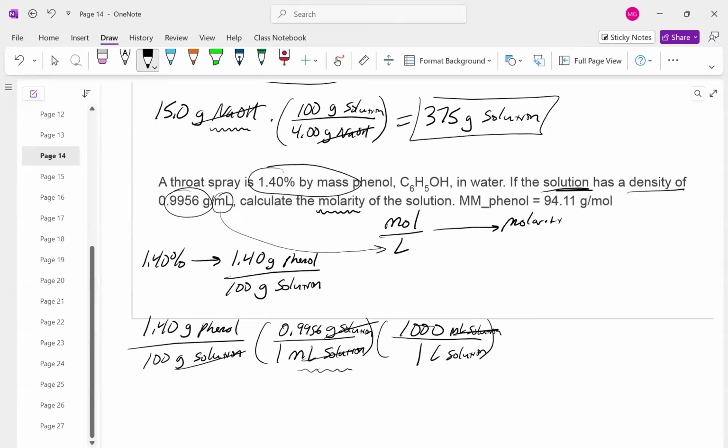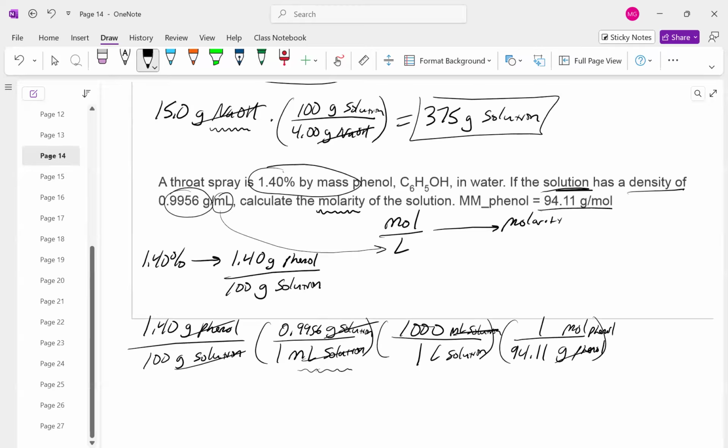Now, how do I get to moles? Well, I have grams of phenol, and I have the molar mass of phenol right here. And so I just plug in the numbers. 1 mole weighs 94.11 grams. Grams of phenol cancel out.